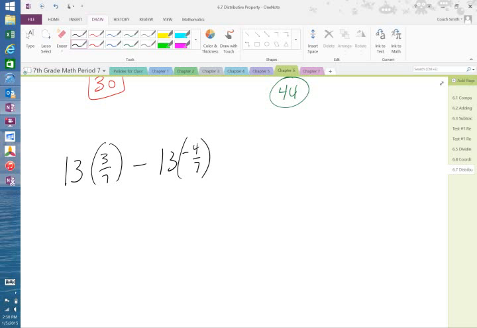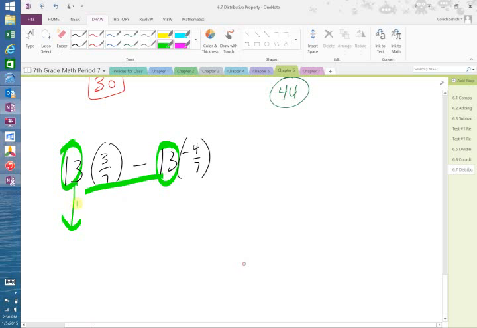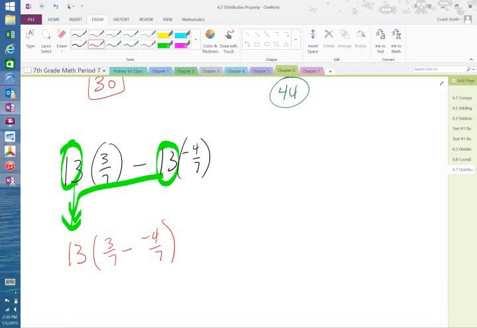What's the common factor? 13. So I can take the 13 and put it outside the parentheses, which gives me 13 times 3/7 minus negative 4/7.